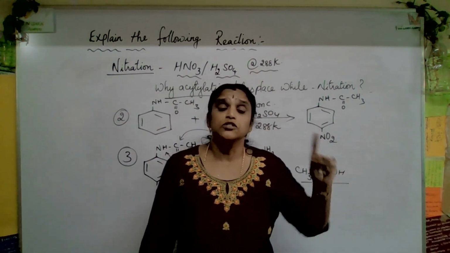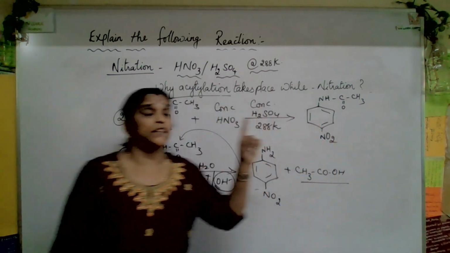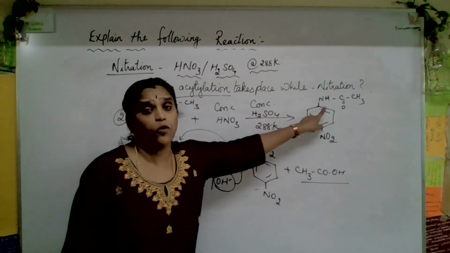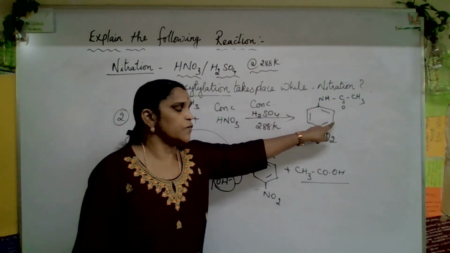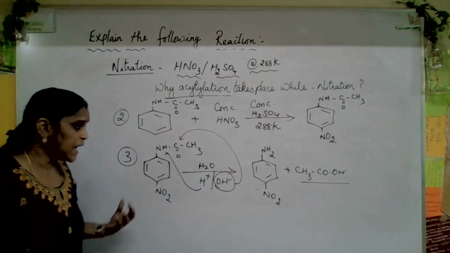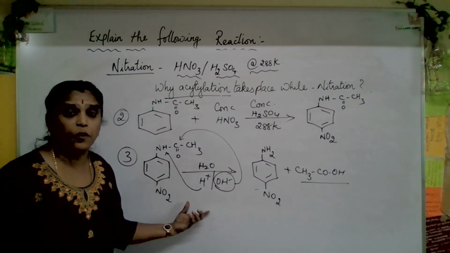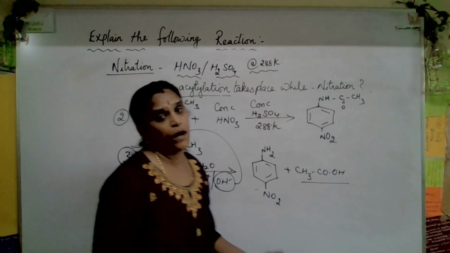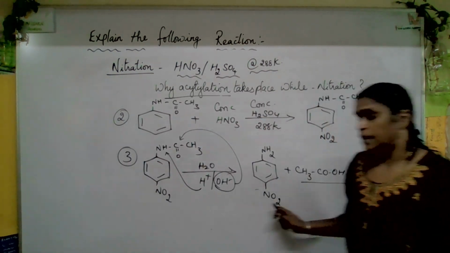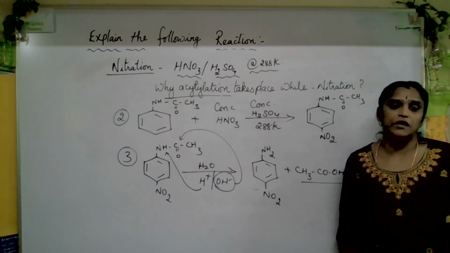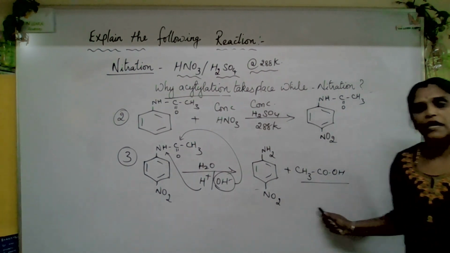That is combined with the nitrating mixture, and you get the nitro derivative of the amide group along with the benzene. Then this goes by the hydrolysis process, and you get the amino derivative of the nitro compound, that is the para nitro compound. Hope you're clear with this.